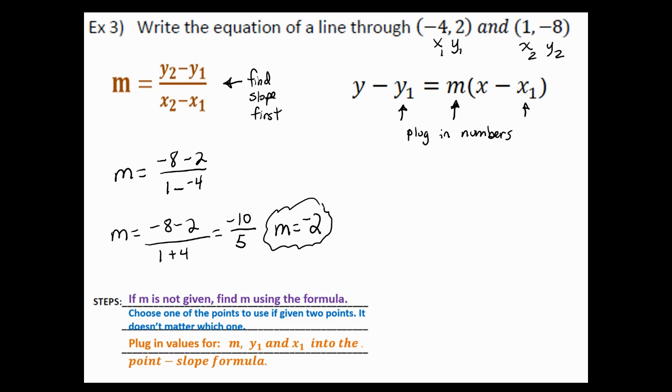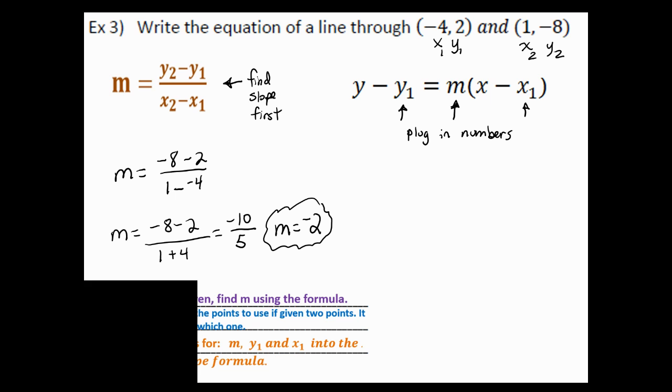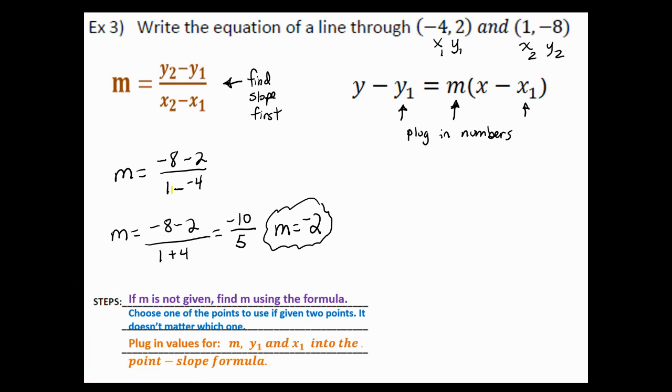If you didn't get negative 2, right here, this subtract sign in the formula is not any part of that negative that came from your point up here, okay? So be careful. Remember what I said. This is the most common mistake.